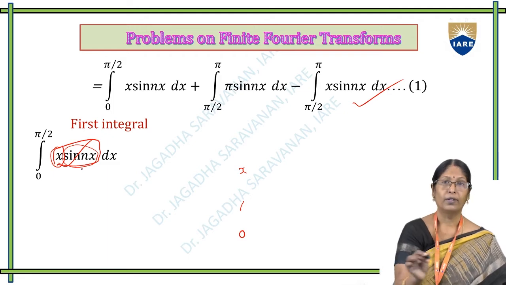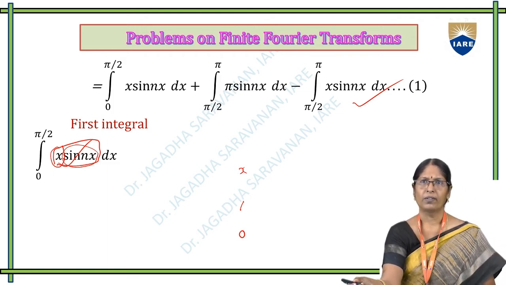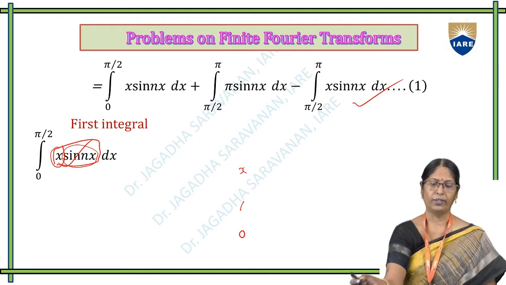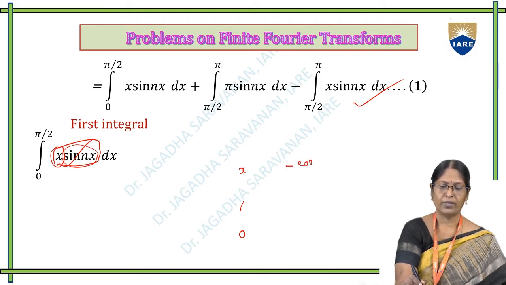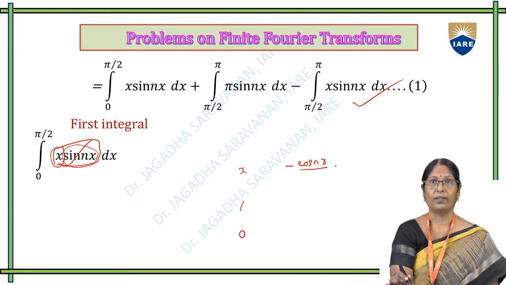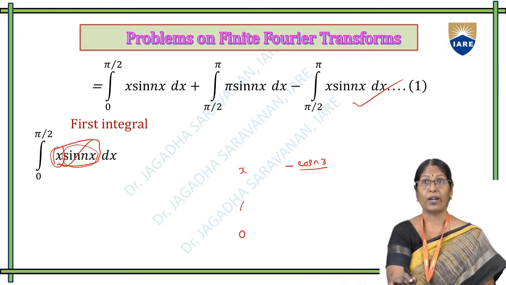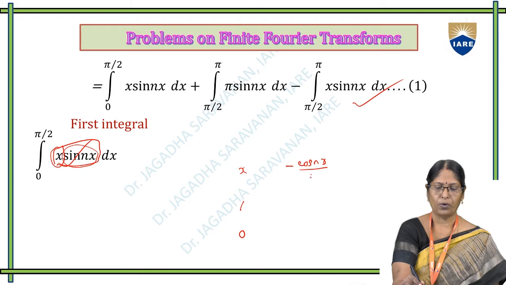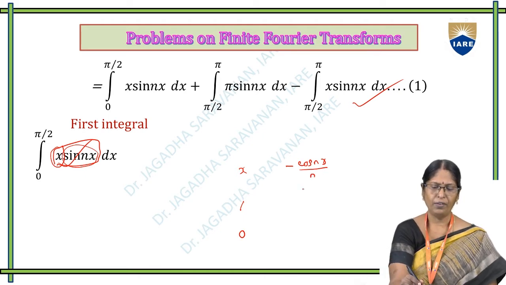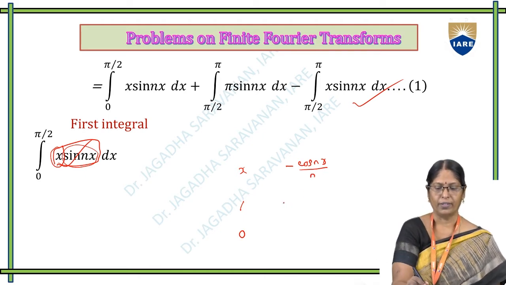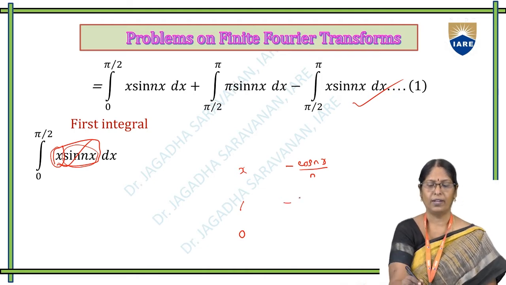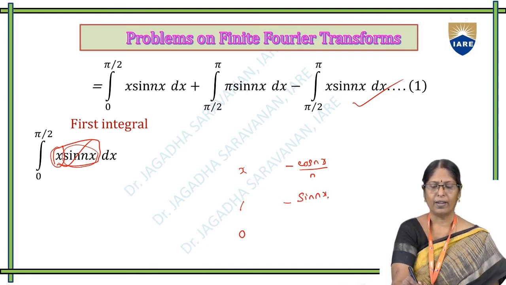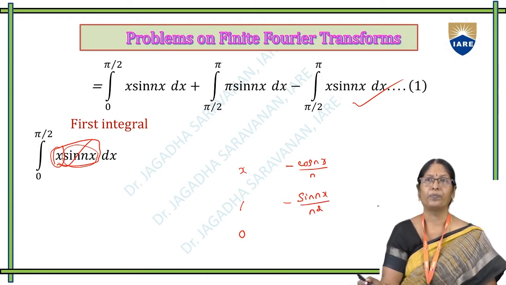The next one is sine nx, the trigonometric term, which we integrate. The integration is minus cos nx divided by the coefficient of x, which is n. Again we integrate: minus cos integral is sine nx by n, but n is already there, so n square.